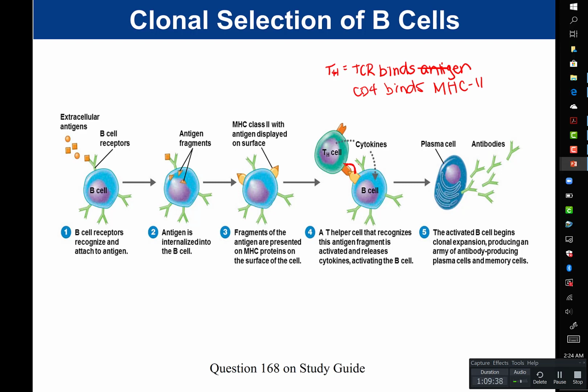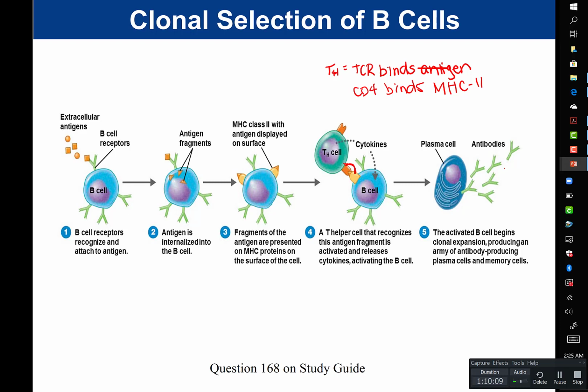And one of the cells that it can become specialized to is a plasma cell. And that plasma cell is going to secrete antibodies against the particular pathogen, because notice it has the appropriate immunoglobulin on its surface. So when it gets stimulated to become a plasma cell, that plasma cell is going to produce these antibodies, and those antibodies are going to go look for the pathogen outside of the cell.